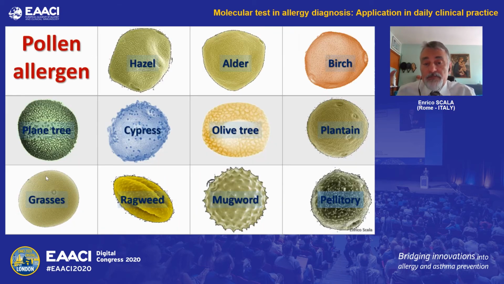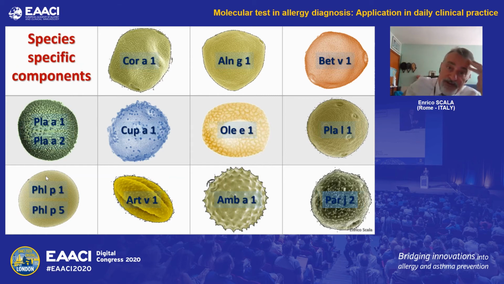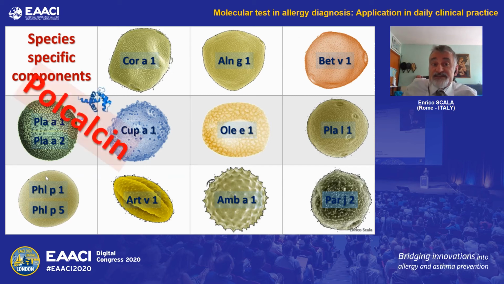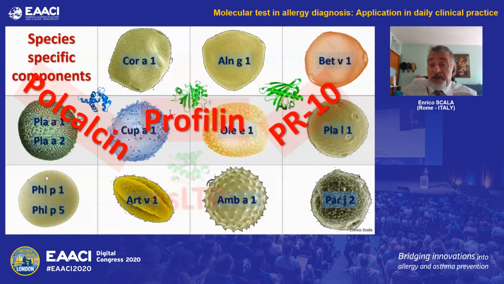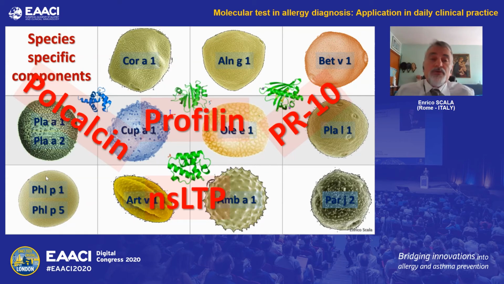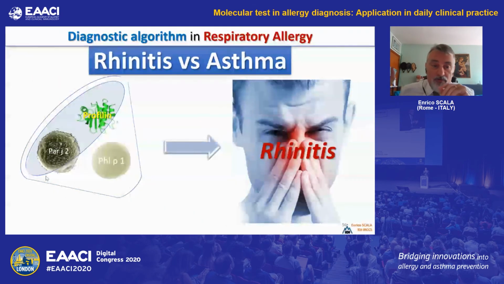And moving on to another model, the pollen allergen model. You know that in Southern Europe, especially in Italy, we have a very complicated situation, and the diagnosis of pollen allergy is quite a challenge because you have to verify, first of all, genuine molecular sensitization, and at the same time, check the possible presence of allergen cross-recognition, because all those complex evaluations could affect the outcome of your patient.